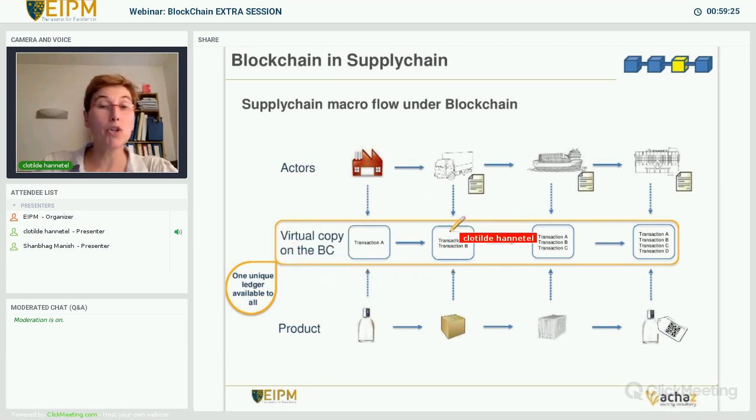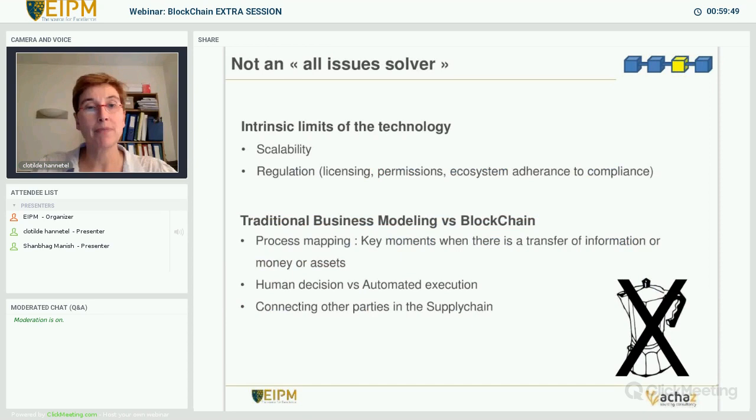In the case of the blockchain, this actor would have access to the information showing the status of this very unique bottle. So it's really one unique ledger available to all authorized people. That's the way you are interfacing the physical, real world with the virtual world of blockchain.